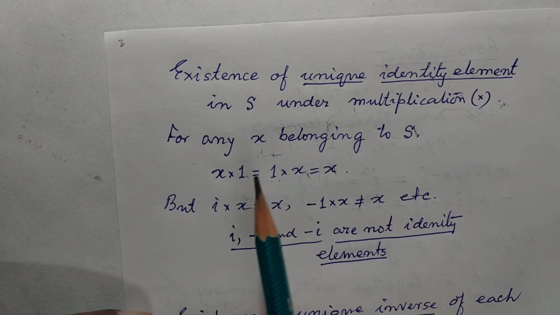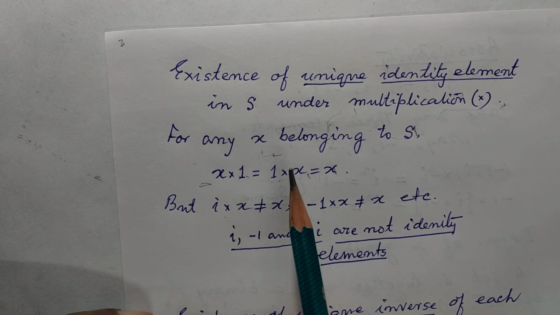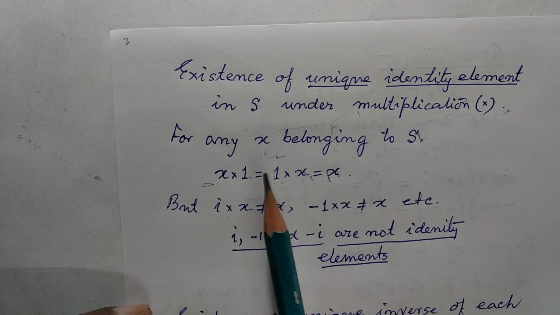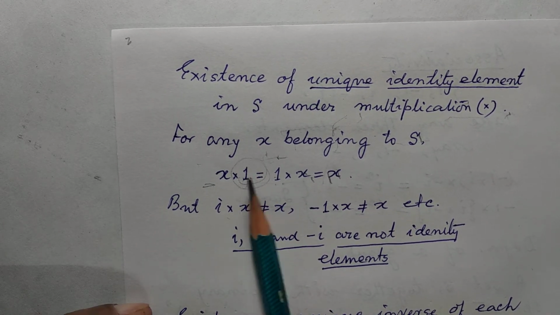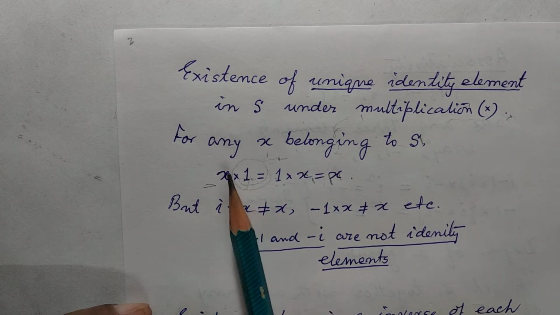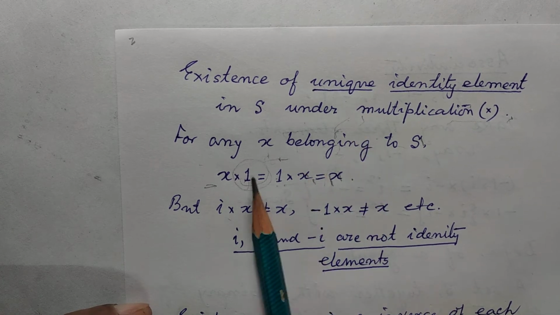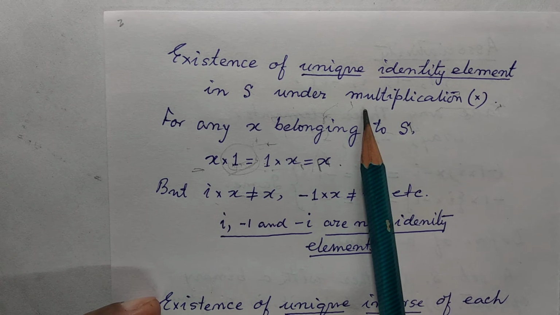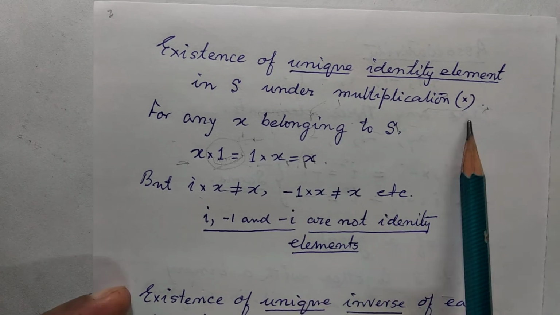For example, 1 into i is equal to i into 1 is equal to i. Thus 1 is such an element that when combined with any other element of the set gives back that element. So 1 is the identity element in the set S if the operation of combining two elements is multiplication.